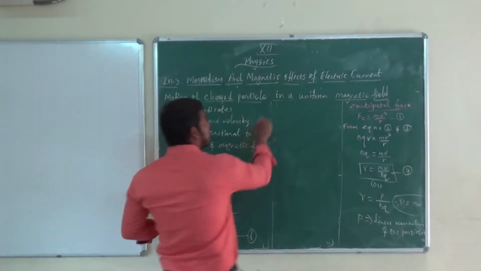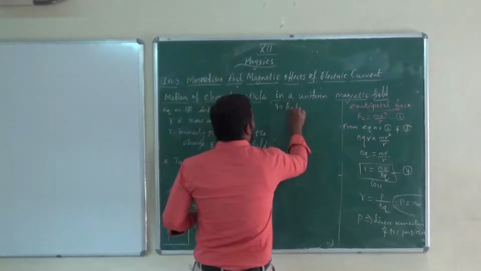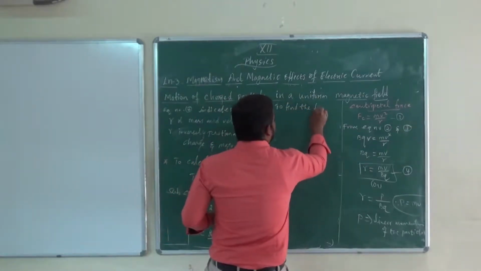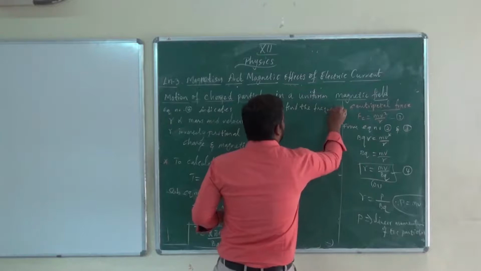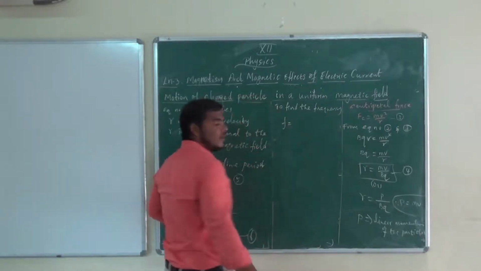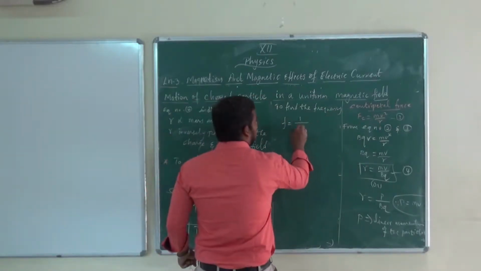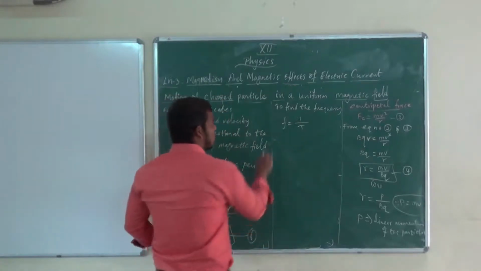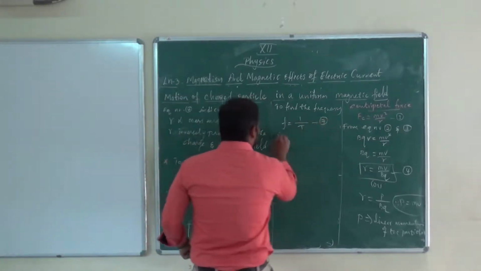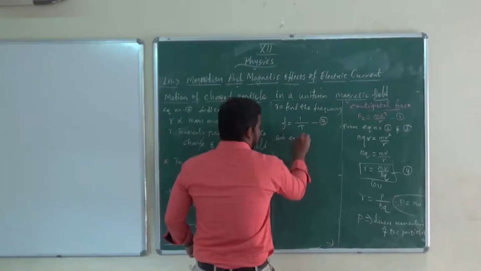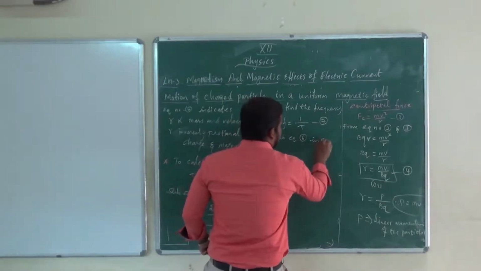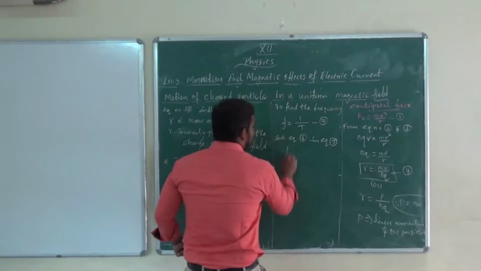How do we find the frequency? The frequency formula: frequency is equal to the reciprocal of the time period, equation number 7. Substitute equation 6 in equation 7. What do we get?